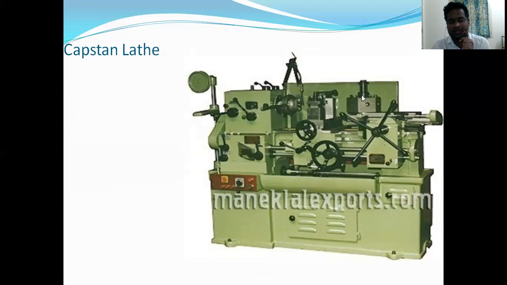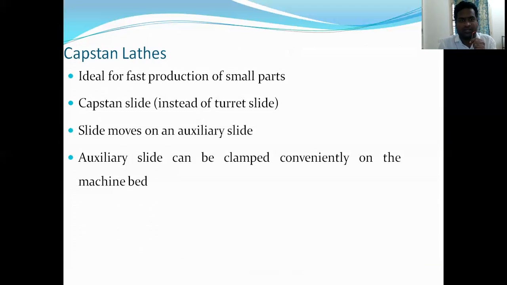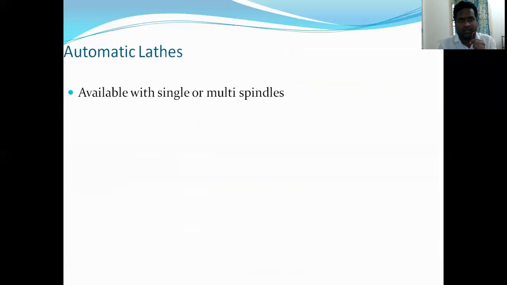Instead of a tailstock, here a turret tool post is there. A turret tool magazine is there, and in the capstan lathe we are providing a capstan slide. Capstan means it moves in an auxiliary movement. It has an auxiliary slide. The auxiliary slide can be clamped conveniently on the machine bed. Okay.